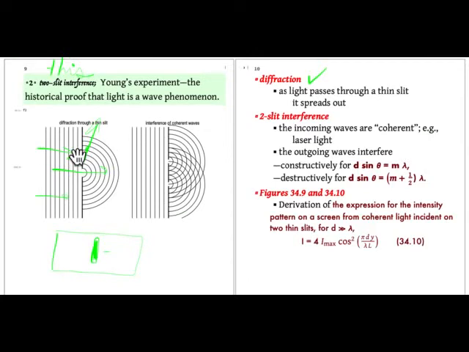Huygens principle. Huygens principle says in order to get the next front, you propagate waves from every point on the previous front. The wavelets don't travel in the forward direction. The wavelets travel in all directions.